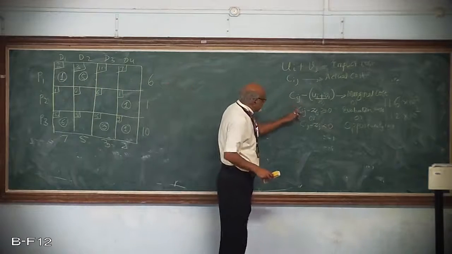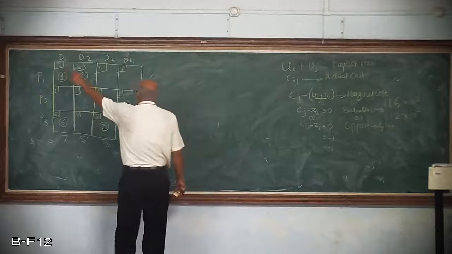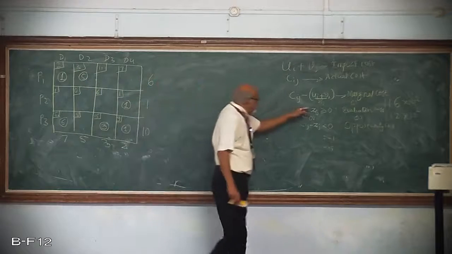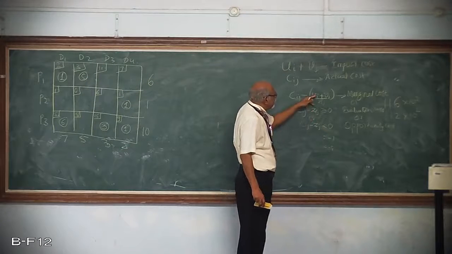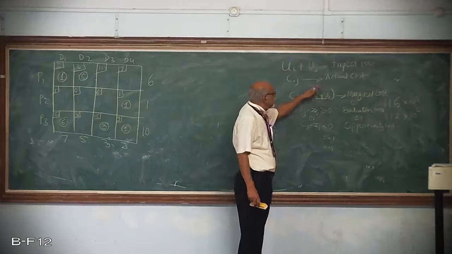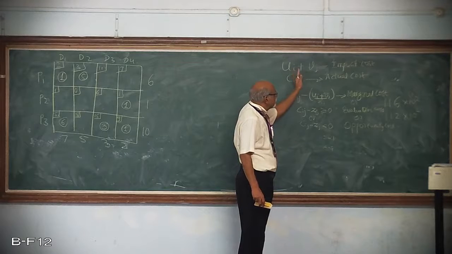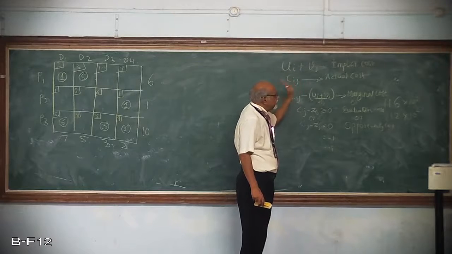Now Cij values we already know. To find out Zij values, which is nothing but Ui plus Vj, we have to find out Ui and Vj values.